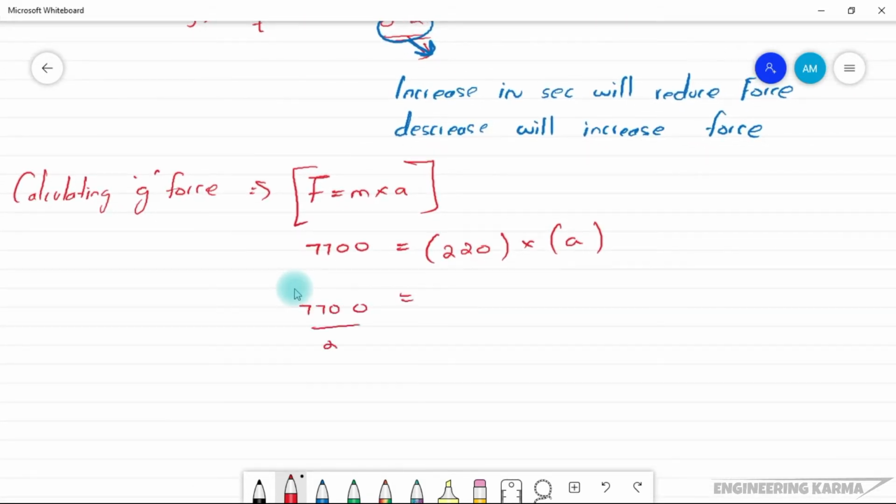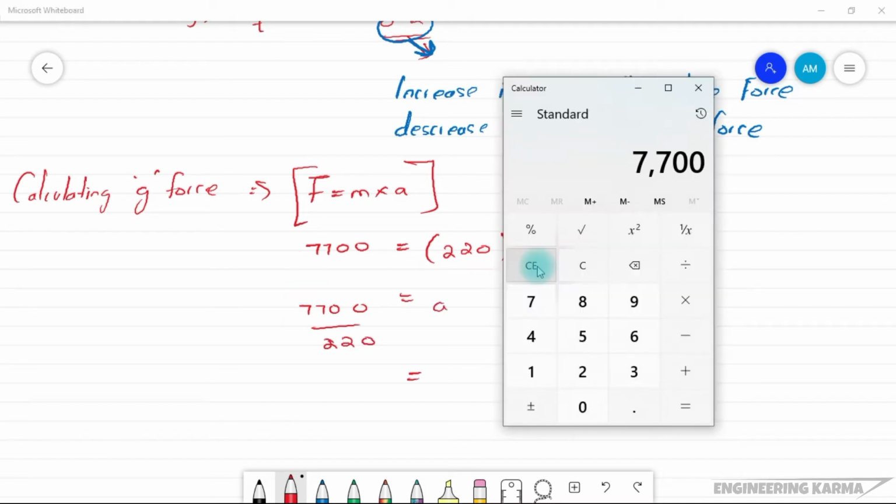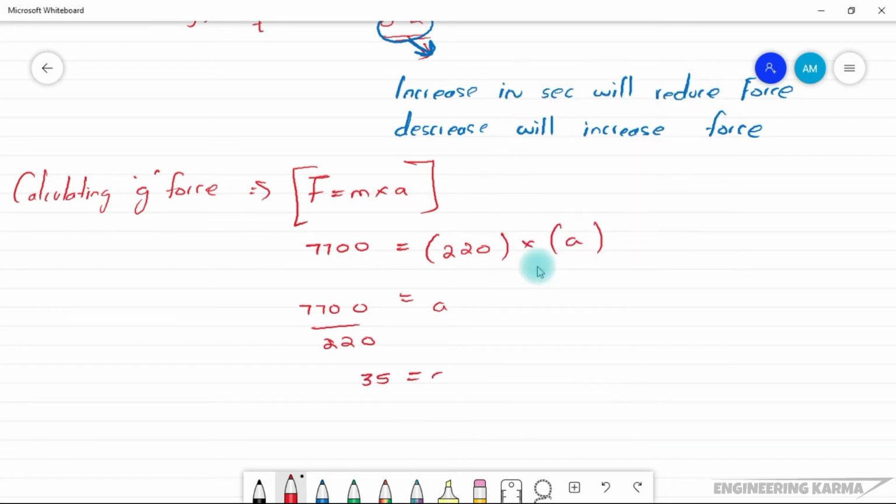We need to find a new acceleration value here, and compare it with the Earth's acceleration due to gravity, which is 9.81 meters per second square.